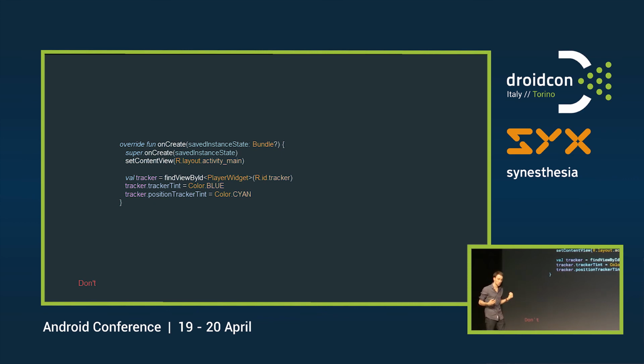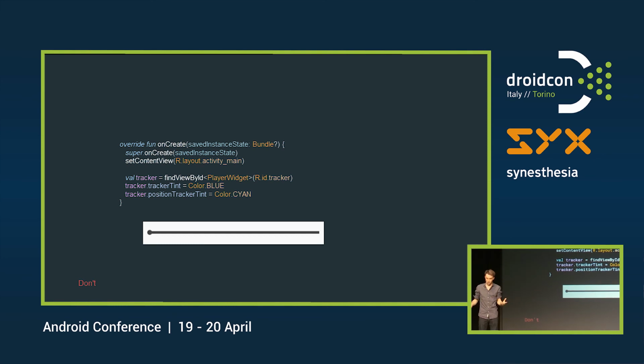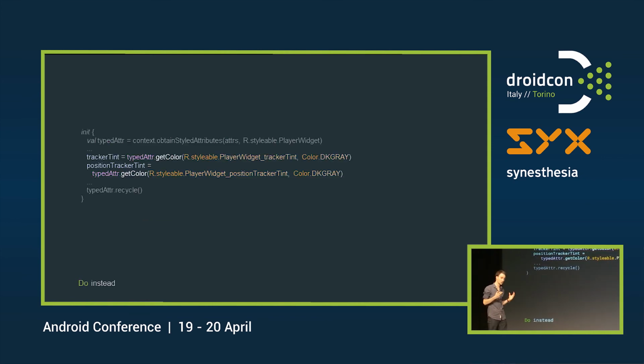Doing that, what you would end up with in the layout editor is just a gray slider, which is not what we want, right? What you should do instead of providing those colors in your onCreate is to create some styleable attributes and reference those colors within your XML.